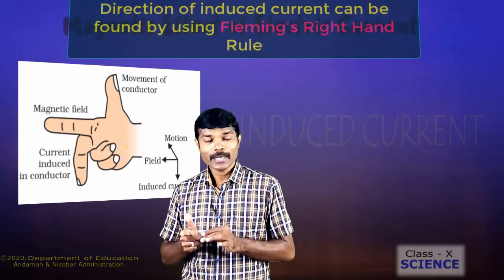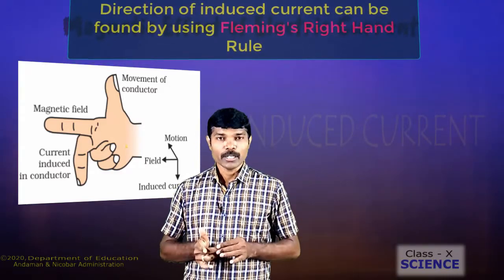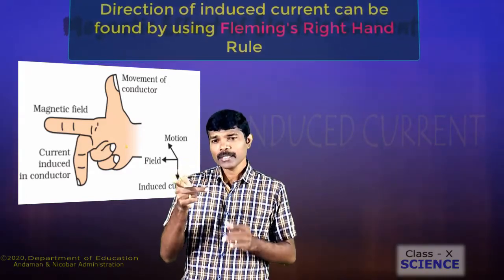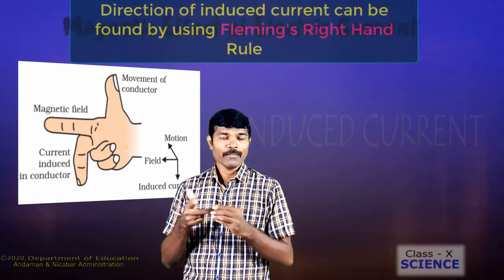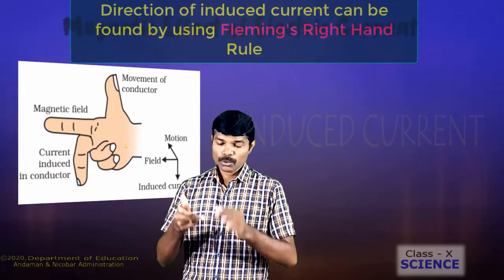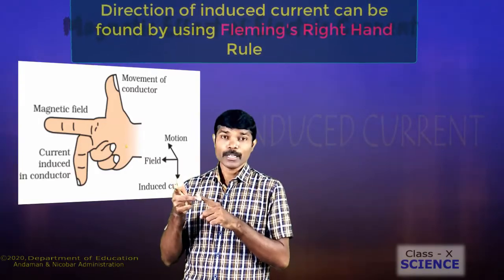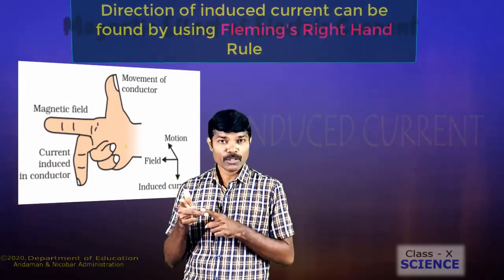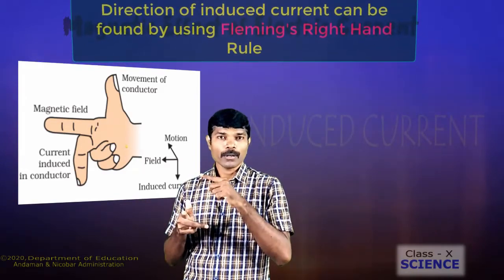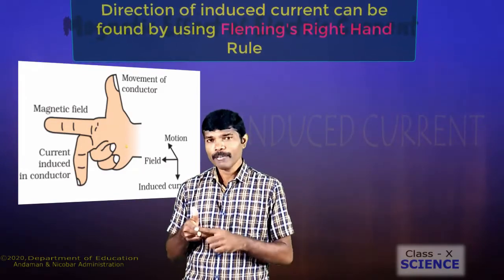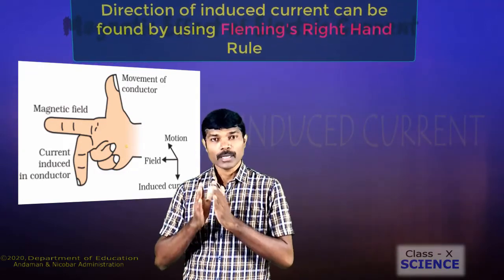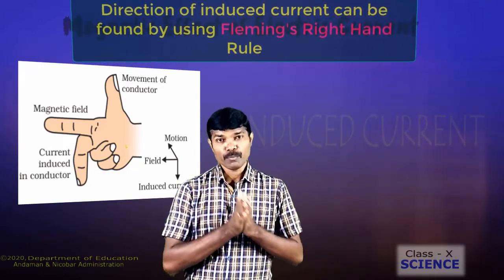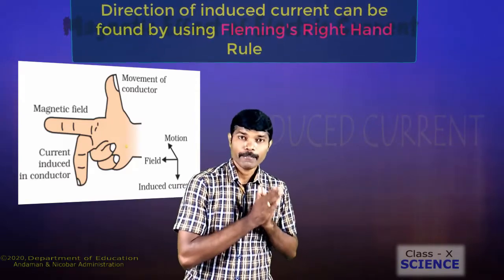Here central finger indicates induced current. So by stretching these three fingers, assigning the quantities over each finger, we can find the direction. So once again, central finger is for the direction of induced current, forefinger is for the direction of magnetic field, and thumb indicates the direction in which the conductor has to be moved in a magnetic field.